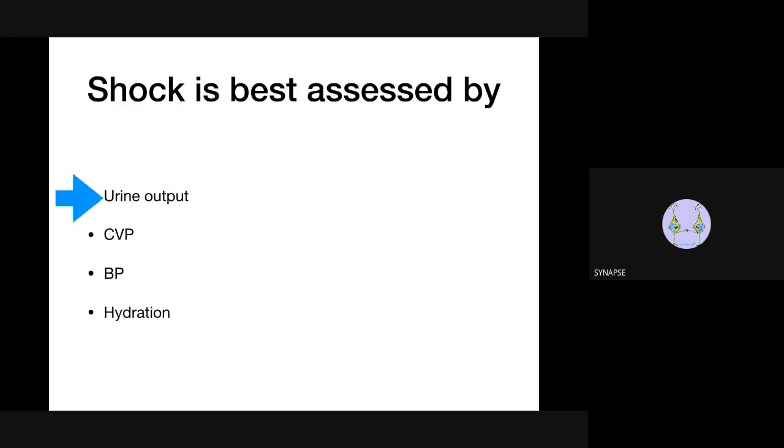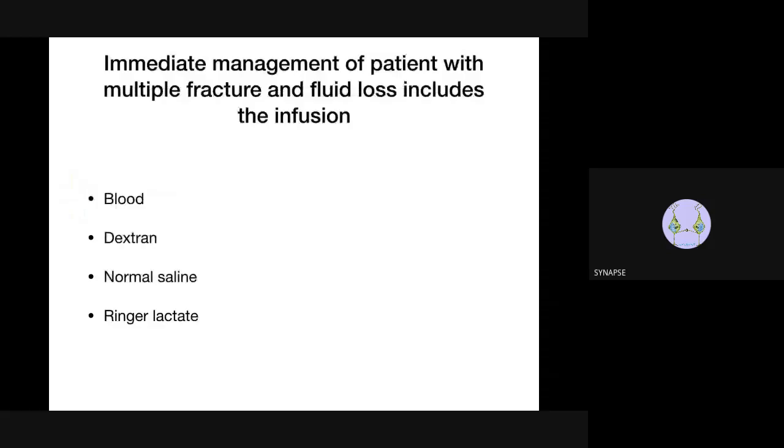Now, immediate management of a patient with multiple fractures and fluid loss includes the infusion of Ringer's lactate. Why? They're asking about hypovolemic shock, right? Multiple fractures and fluid loss are going to result in hypovolemia.